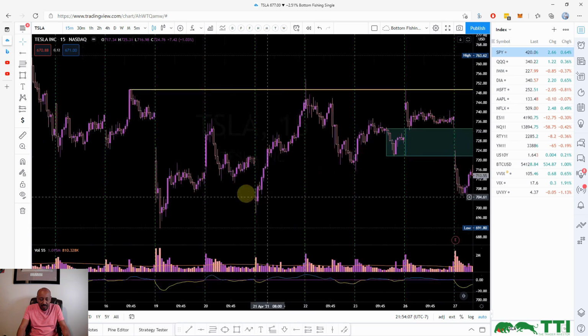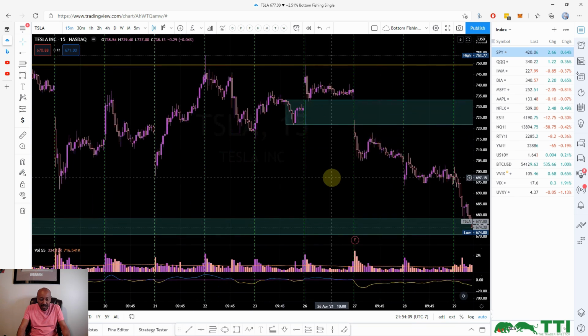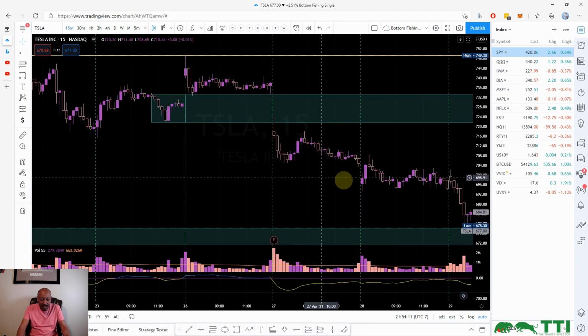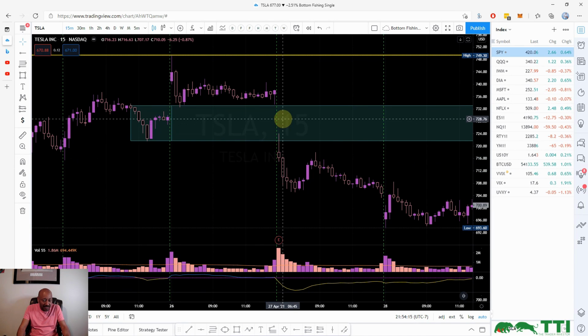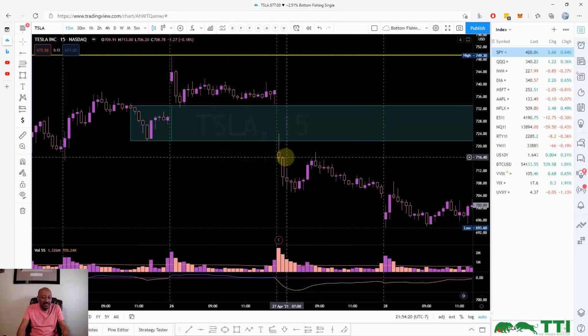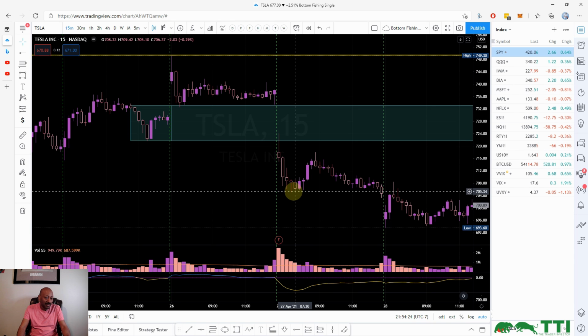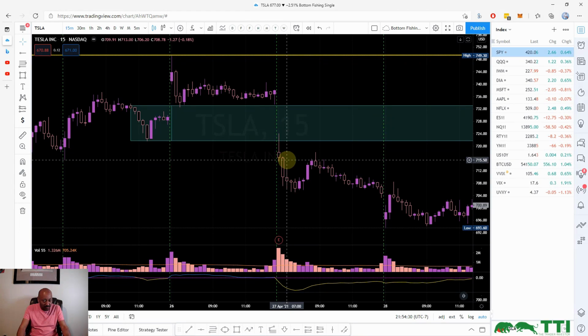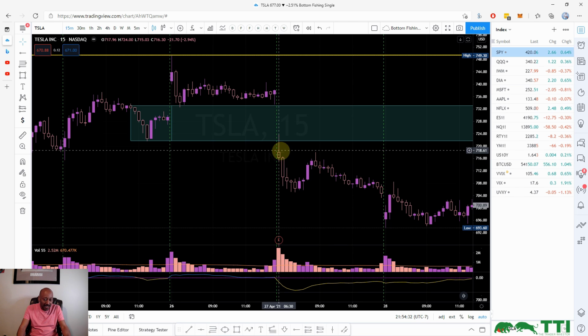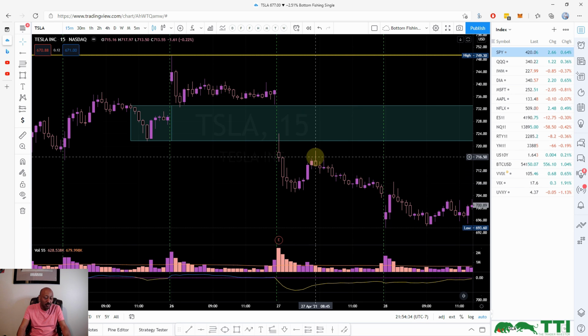because what's important is now that we have seen on the 15 minutes, we see price enter that order block, price got rejected. This is my sign that price is going to continue to go down. And even if you want to wait slightly, wait for first half hour or so, let price give you a pullback.